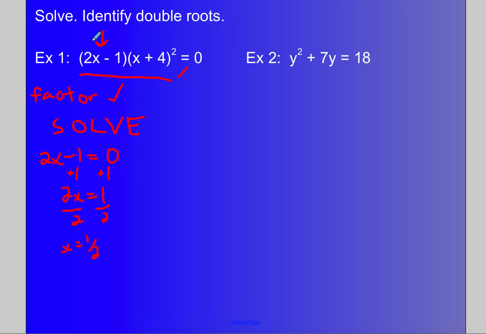Okay, so x equal to 1/2 is a root of this equation. That would make this whole equation 0. But that's not the only one, because over here we have another expression.